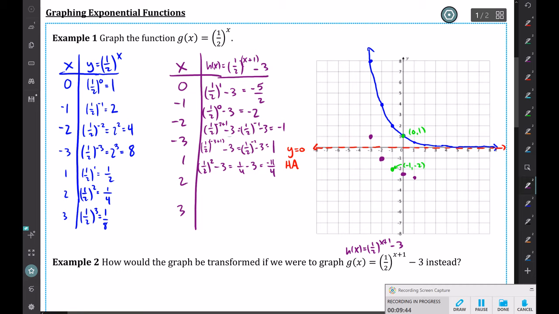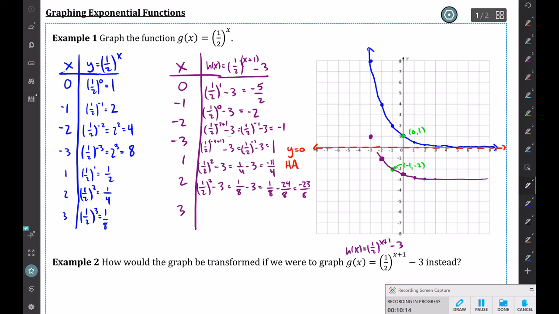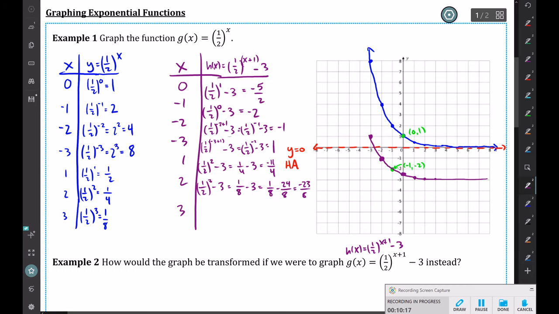And if I plug in 2, I'm going to get 1/2 to the 3rd minus 3, which would be 1/8 minus 24/8. So that's negative 23/8, just a little bit bigger than negative 3 there. You can see that my horizontal asymptote in this case is going to be y equals negative 3, and that the graph is growing something like that.